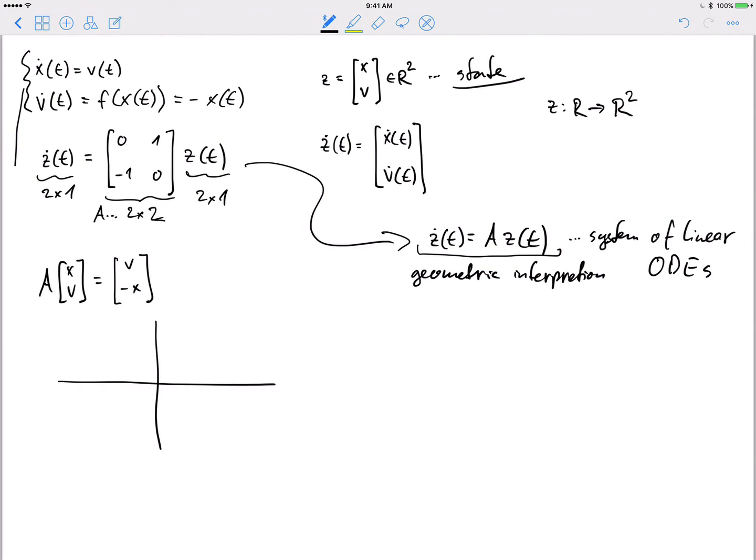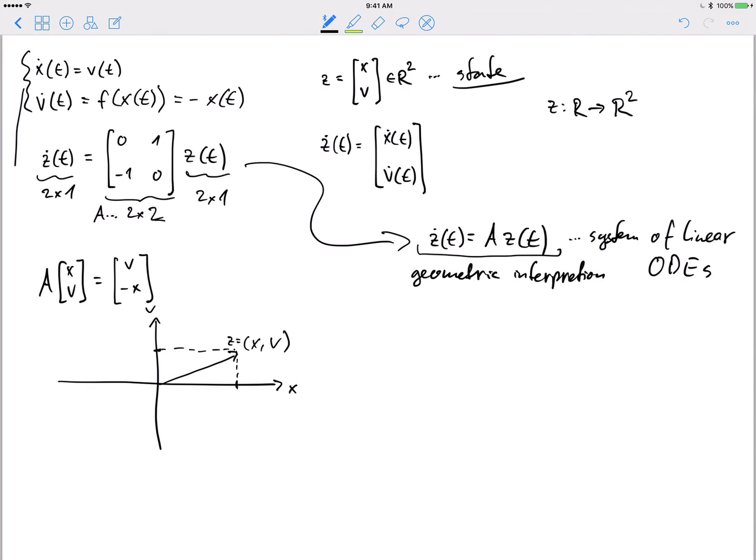What does that mean? If I give you some vector with coordinates x and v, where v is again for velocities, so this is x and v. If I give you a vector like this, how will the A transformation look, let's say this is the z? How will the A z look in that picture? I know it's harder to verbalize.